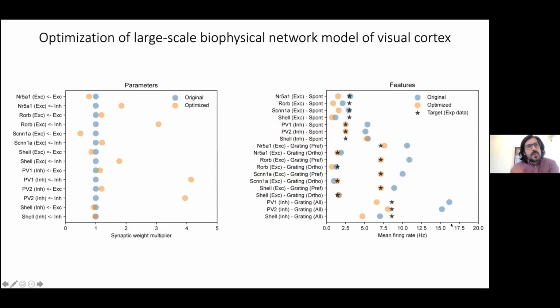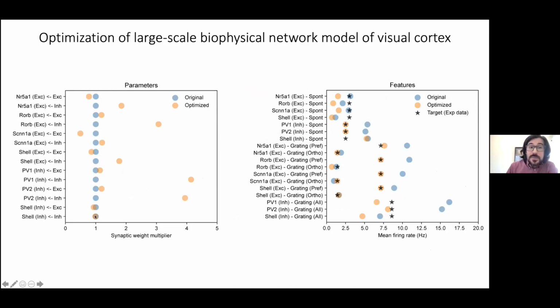And so the way that I parameterized this network was I basically considered the tuned model, the published model, to all have a value of 1 for their synaptic coupling strengths. And then my parameters were multipliers on those tuned synaptic weights. And so you can see that what this optimization approach identified, in many cases, these orange dots are very close to the blue dots, which is reassuring.